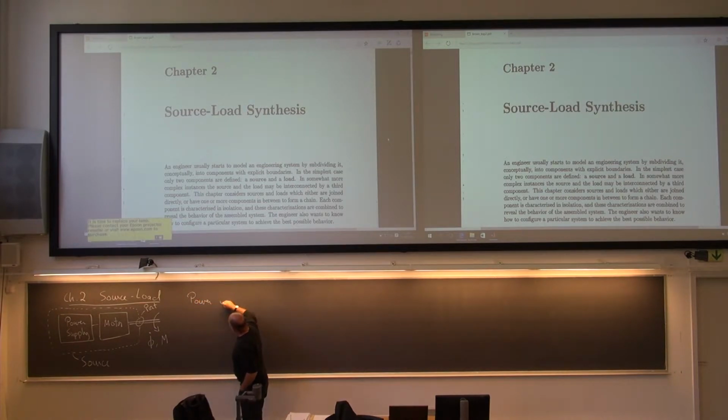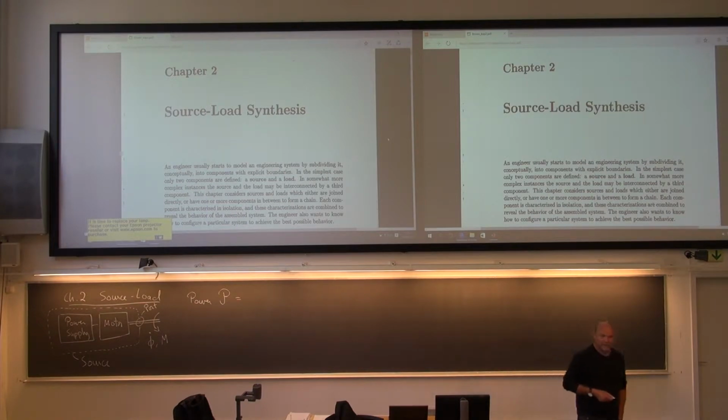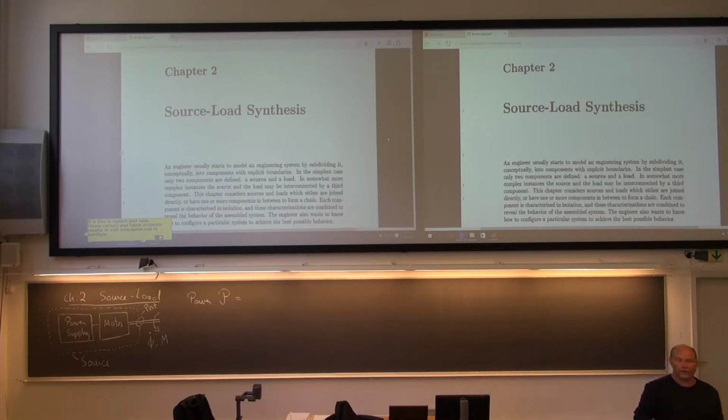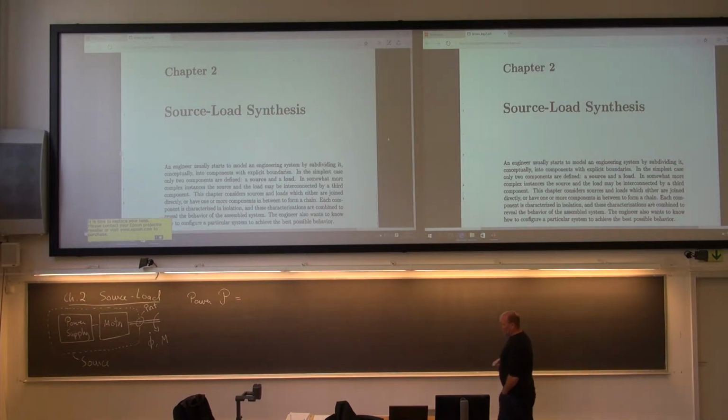power, we use a large P for power. Okay, how can you get power if you have these two? What's the SI unit for power? Well, that's watt, that's joule per second. So how can we get power?